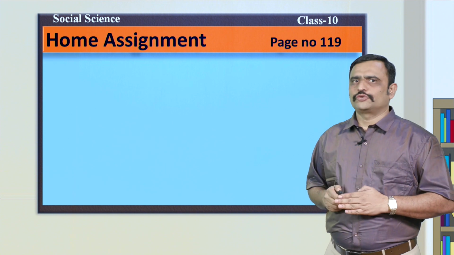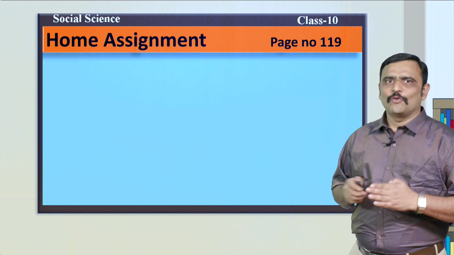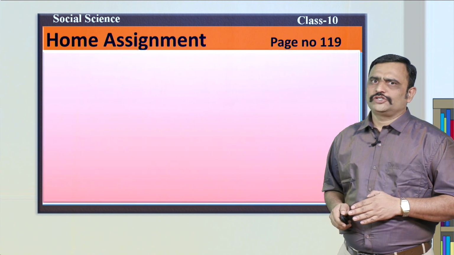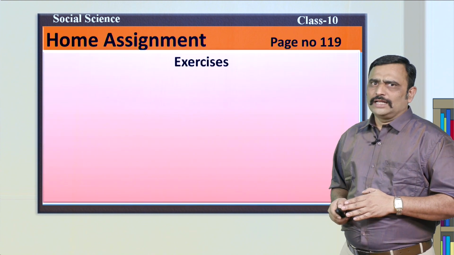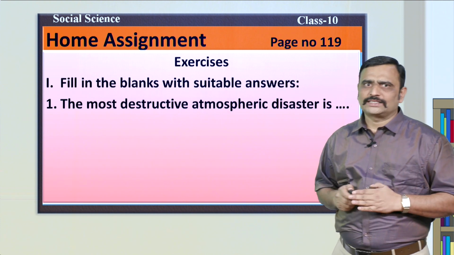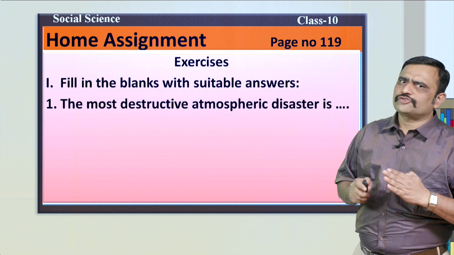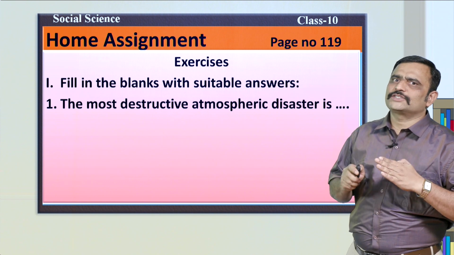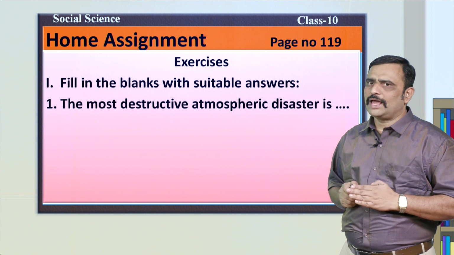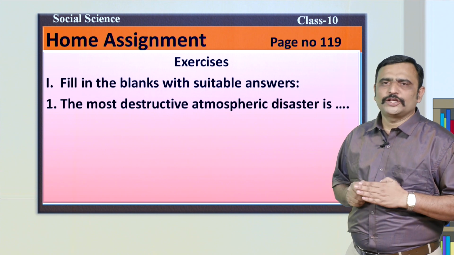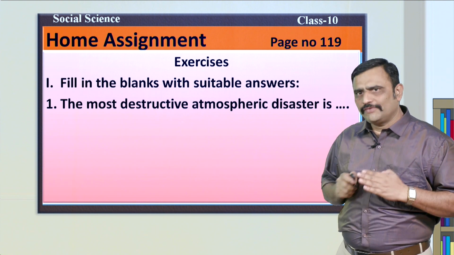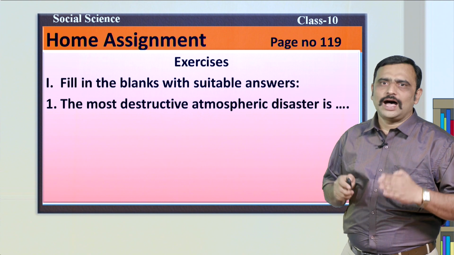Now dear students, it is the time for home assignments. We need to go ahead with the questions. You need to answer the textbook fill up the blanks questions found on page number 119. The most destructive atmospheric disaster is... You need to refer to your textbook and answer.